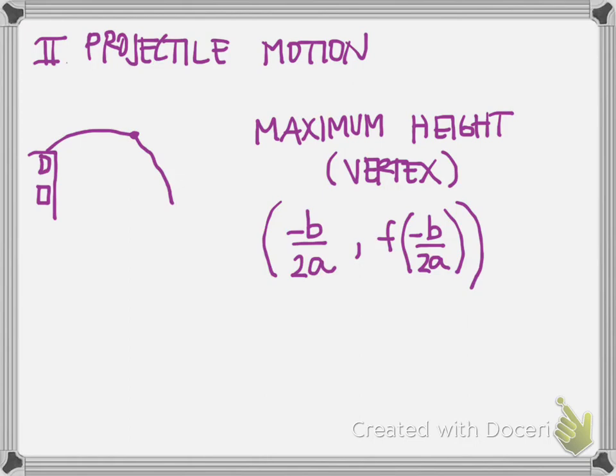Okay, so anytime you're looking for the maximum height, the y part of it will usually give you your height, and then the x part of it usually will give you your time. Okay, so usually your projectile motion is a function of time.